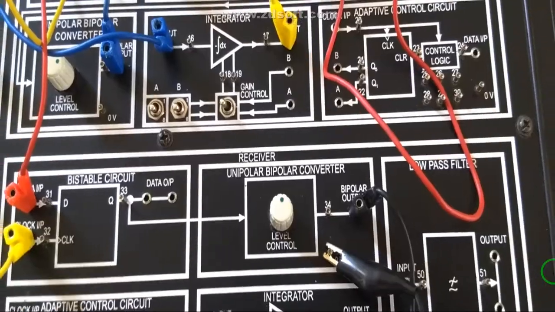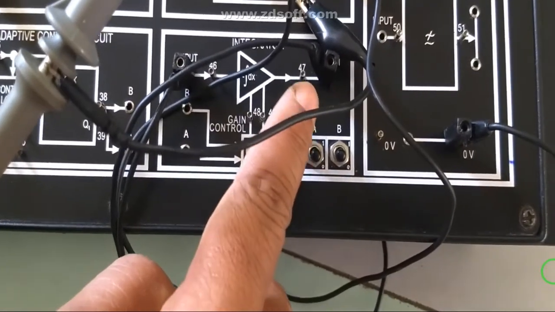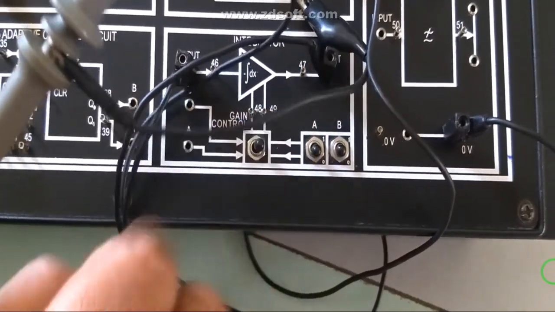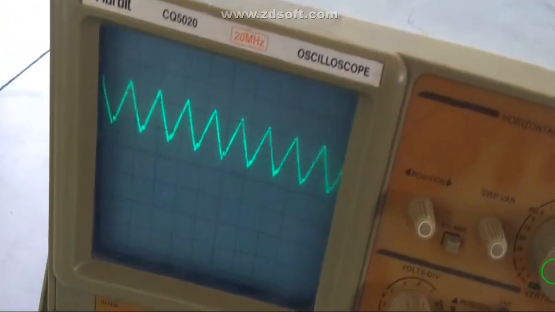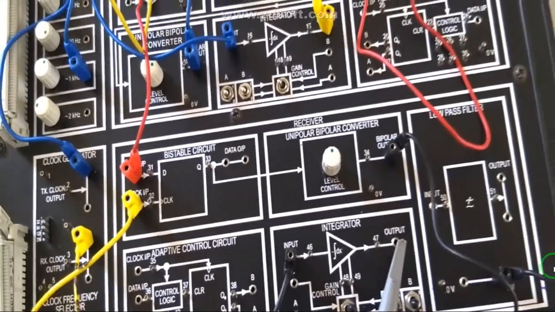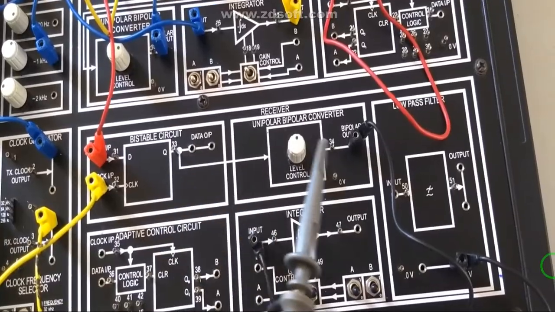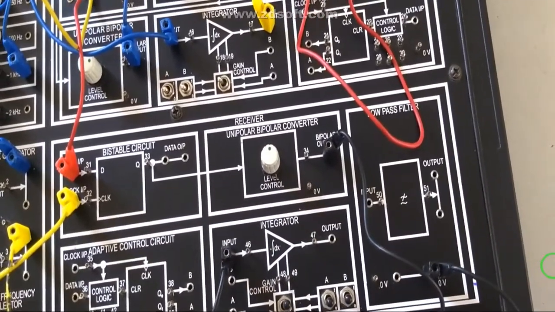So guys, we are now observing the output of this integrator on the CRO, that ramp signal should be generated. So it is the output of your integrator. Now guys, we just observed the waveform of the integrator. If you want to observe the waveform of this bistable circuit, the unipolar to bipolar circuit, we can also do it.